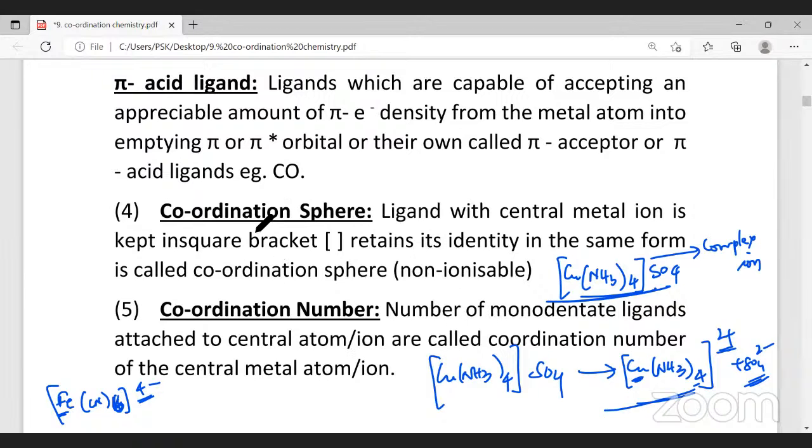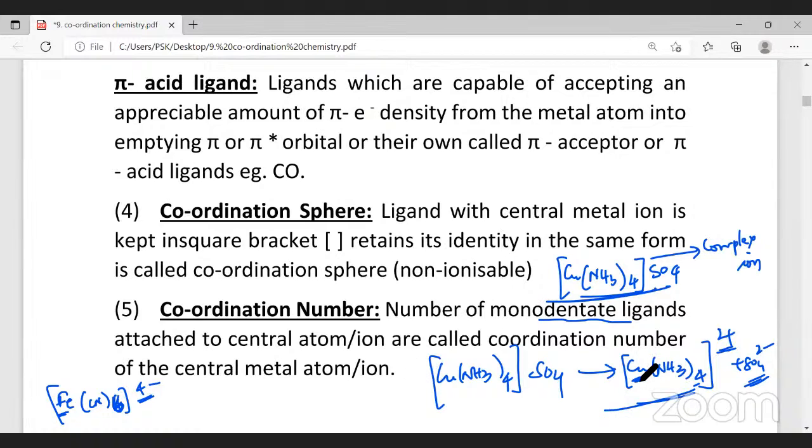Now we talk about the coordination sphere. Whatever is in the square bracket is called the coordination sphere. Now, what is the coordination number? The number of monodentate ligands attached to the central metal atom or ion is called the coordination number. Here the central metal atom in this complex is copper. How many ligands are attached? 4.